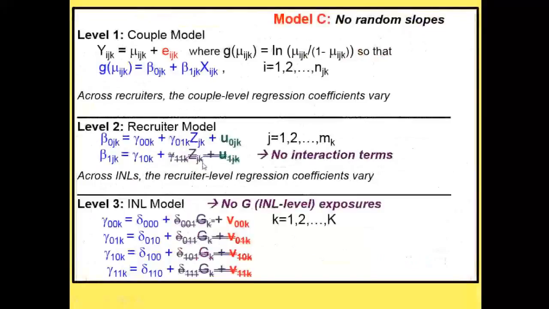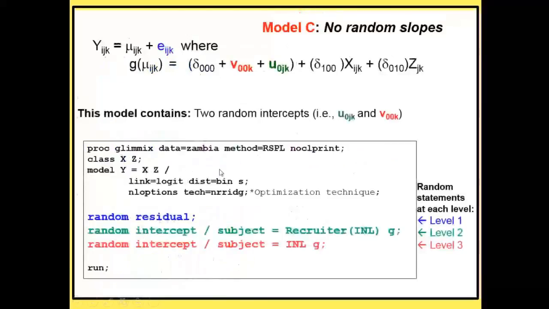Model C got rid of all the random slopes, and it only kept this U and this V in the model, and everything else, the G's were dropped, this Z and this U were dropped. So that's Model C. And when she ran Model C, she winds up getting just these two terms. This is so similar to what happened with the Gimme 5. The only two terms in the model were the random intercepts, or terms that contributed to the intercept.